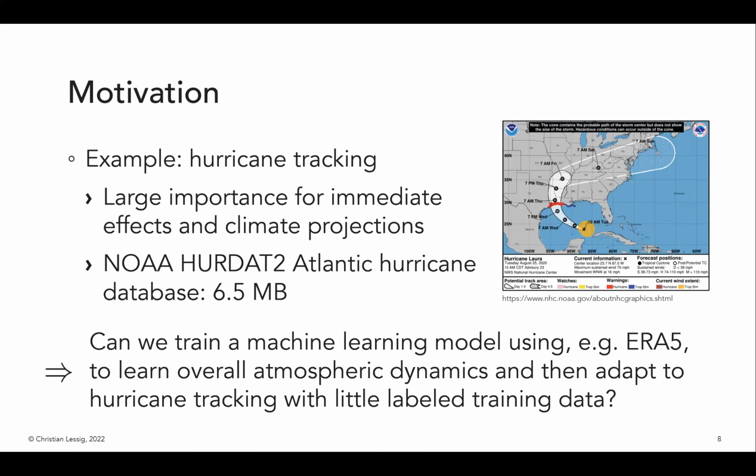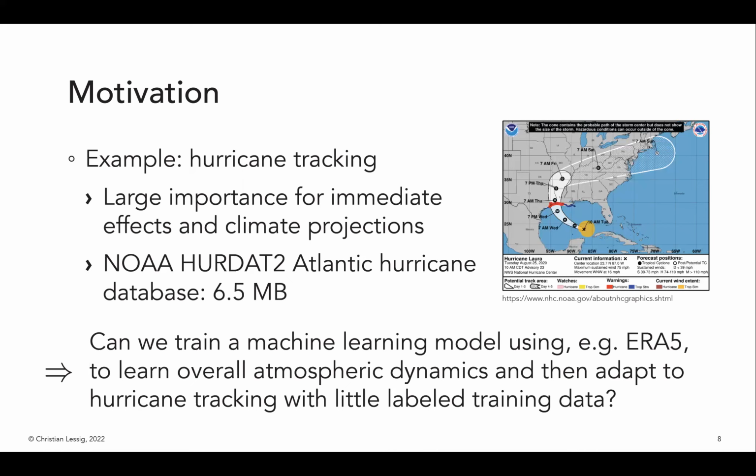And why this in principle makes sense, because ERA5 in some sense contains post-processed atmospheric dynamics. And hurricanes are clearly governed also by atmospheric dynamics. So one would hope that if one has a general machine learning model that understands something of atmospheric dynamics, then it would also be helpful with hurricane data.